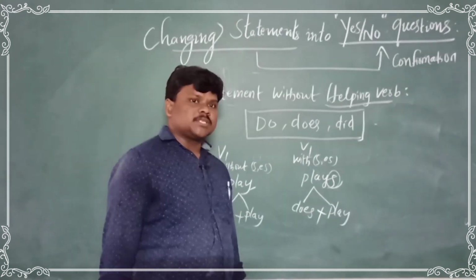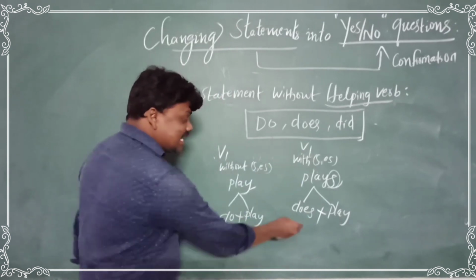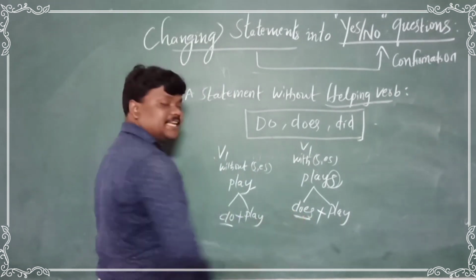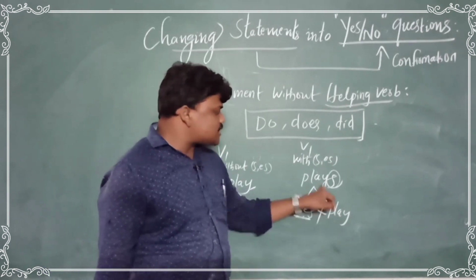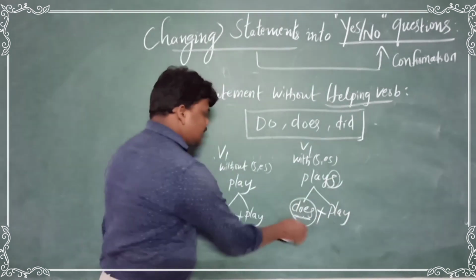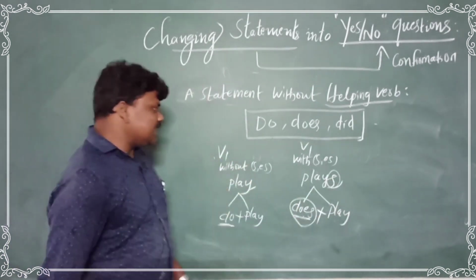Does is a helping verb. So does plus play is equal to play. If there is an s or es, you should remember does. If there is no s or es, and verb 1 came, do is there.